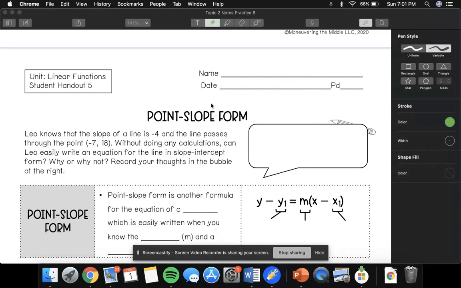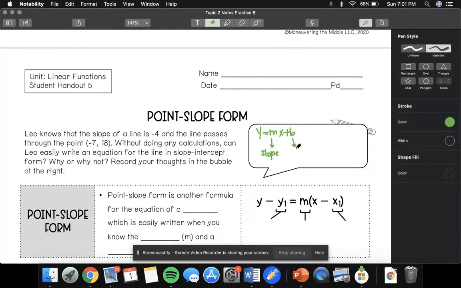Okay, so my first instinct, when I think about slope-intercept form, y = mx + b, is that I have the slope of a line and the starting point, or y-intercept, of the line. With the information Leo has, he does have the slope. He knows that the slope is -4, and he has the ordered pair (-7, 18).